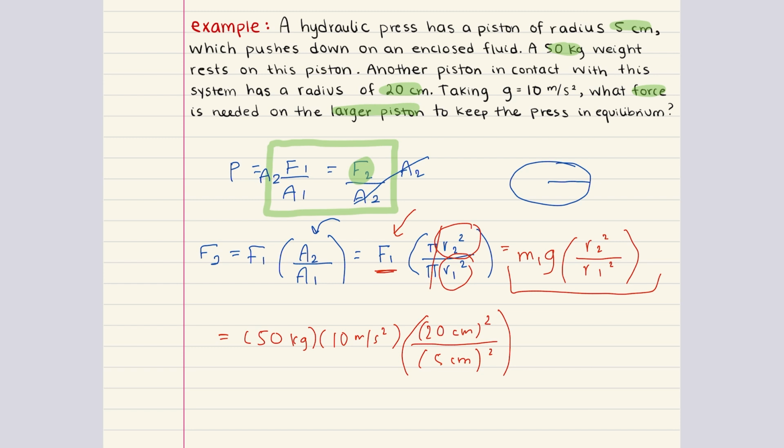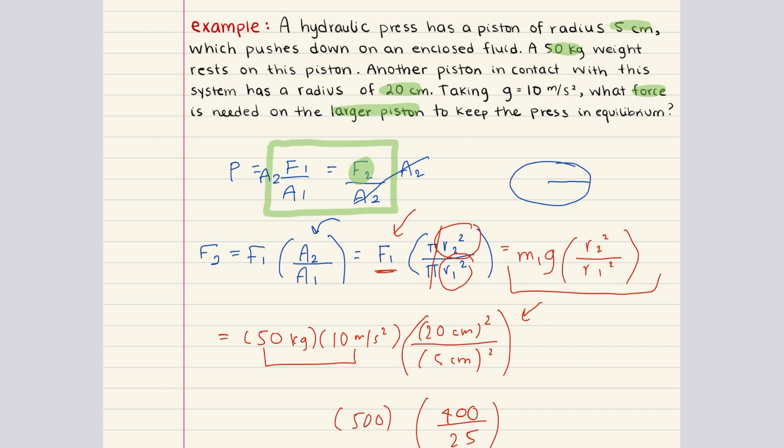Now, let's go ahead and start working through the math here. Let's start with everything that's inside these parentheses and do the squaring. So 20 squared is equal to 400, and 5 squared is equal to 25. Then out here we have 50 multiplied by 10, that's equal to 500.